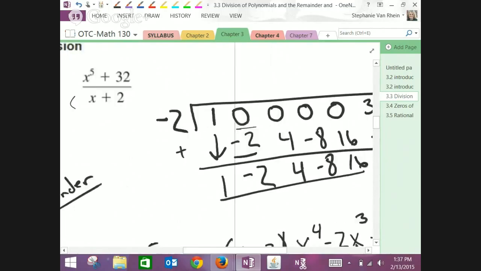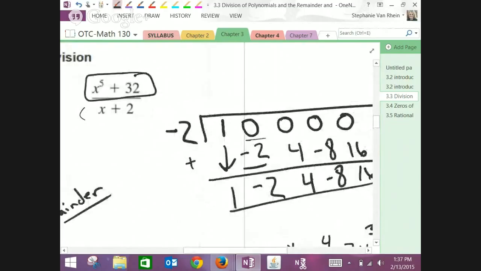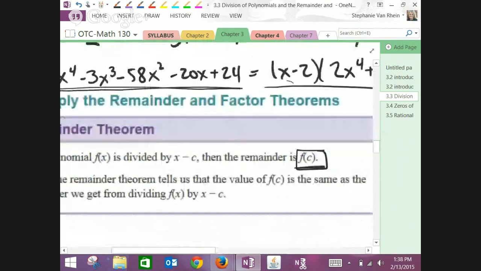And when I plug that in, I got a remainder of 0. If I plug minus 2 into my original function, minus 2 to the 5th power is minus 32, plus 32, that's 0. So if I take the polynomial and plug in c, that's the same thing as the remainder using long division or synthetic division.